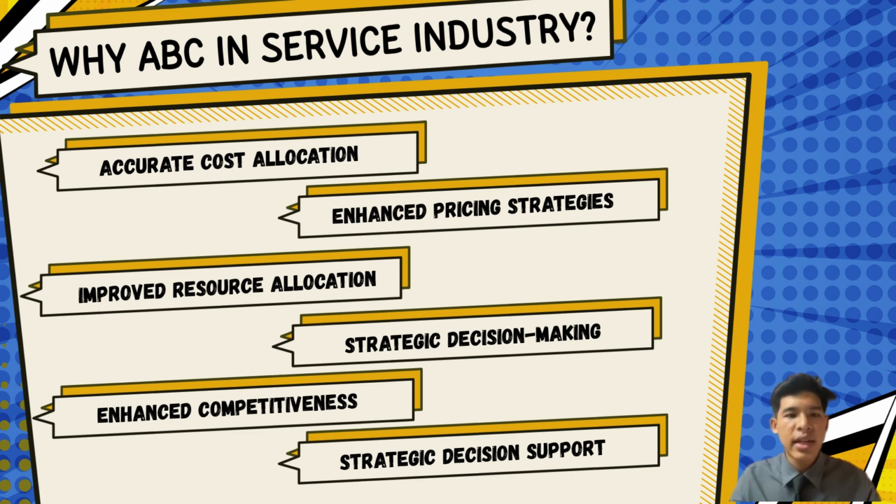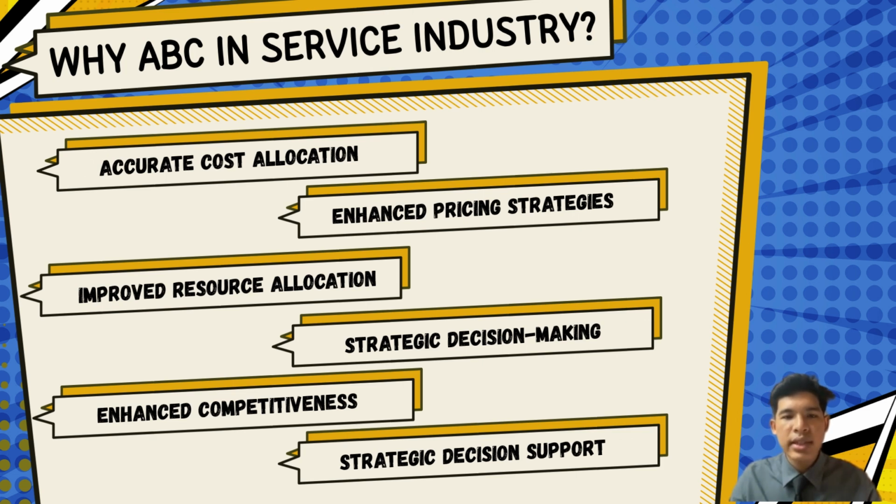After that is enhanced competitiveness. In a competitive service market, companies that understand their costs well can improve service and satisfy customers better. ABC helps businesses stay ahead and compete more effectively. Number 6 is strategic decision support.